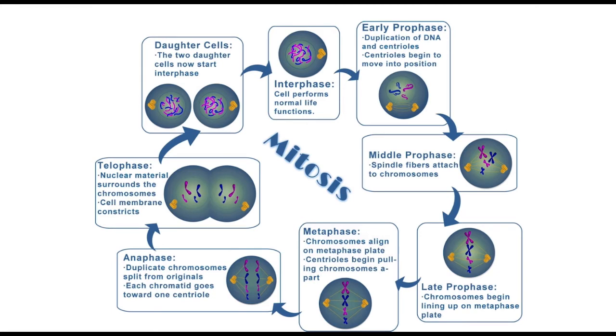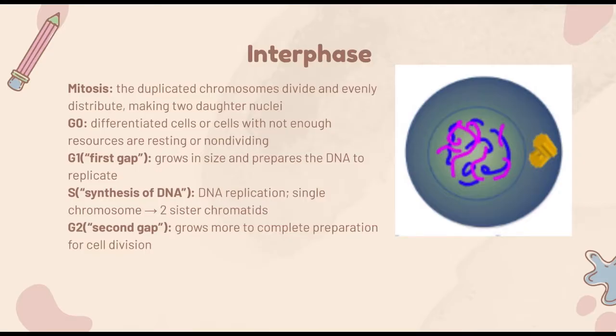In telophase, nuclear material surrounds the chromosomes and cytokinesis happens, which is when the cytoplasm divides into two. I didn't mention this before, but interphase also includes its own steps. In mitosis, the duplicated chromosomes divide and evenly distribute to make two daughter nuclei.